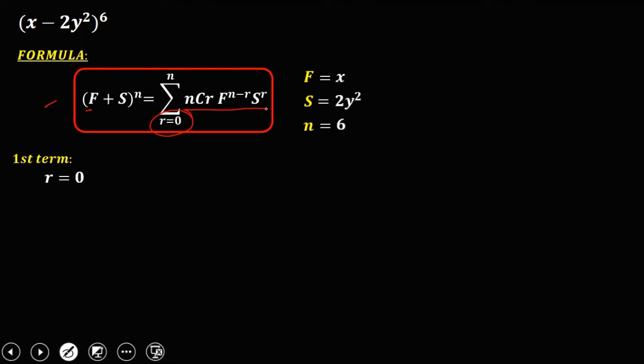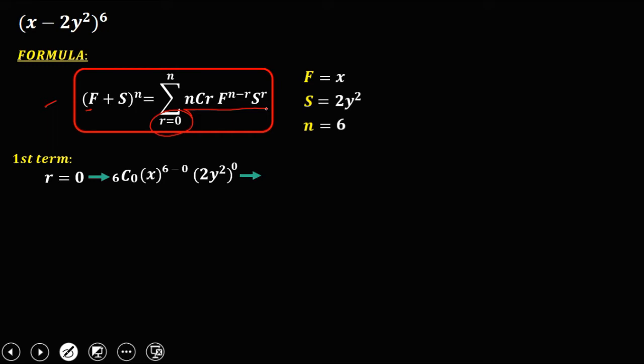So we have nCr, where n is 6 and r is 0, so 6 choose 0. Then the first term, x to the power n minus r, so 6 minus 0. Then we have s to the power r, so that's 2y squared to the power 0. Then simplify.